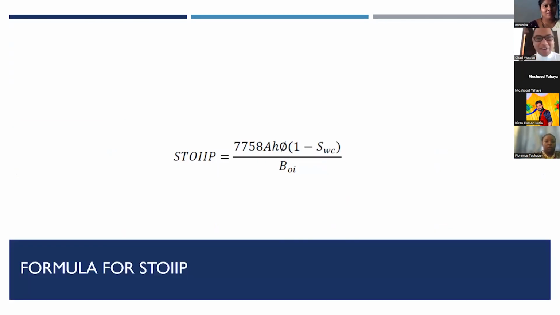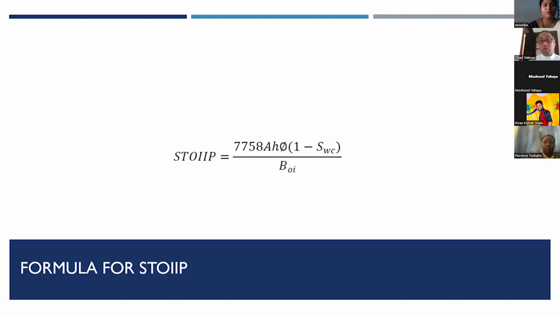I say that and you have an equation. This is basically the formula that they tend to use to calculate the oil in place, in stock barrels. When you calculate the A and H, you are looking at the volume of the rock.